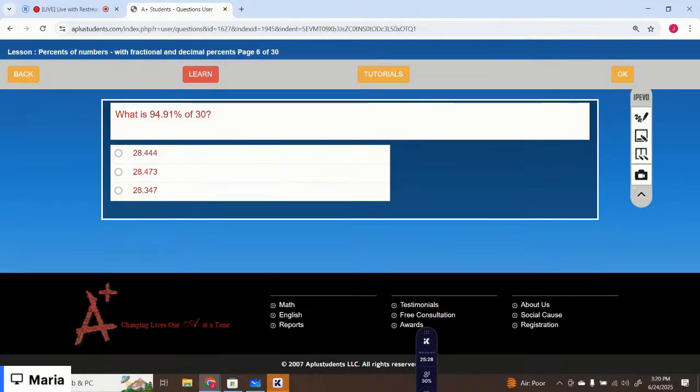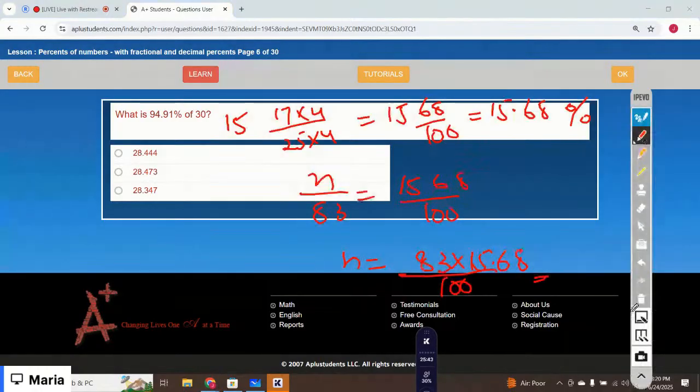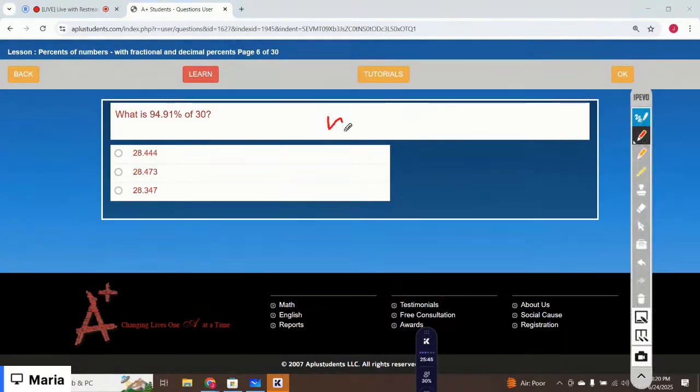What is 94.91% of 30? So which is the correct option? So that is n over 30 equals 94.91 over 100. N equals 94.91 times 30 over 100.